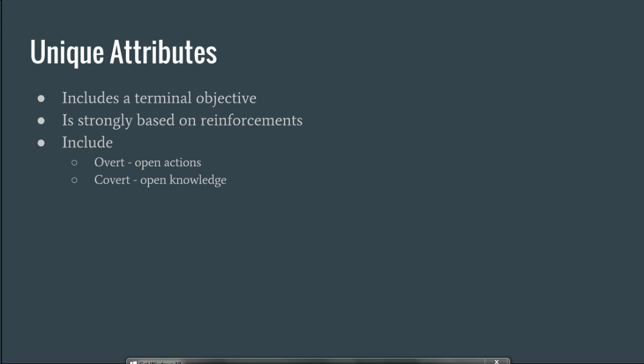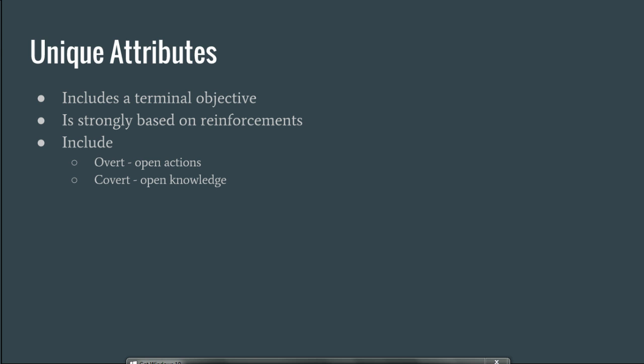So unique attributes: this theory includes a terminal objective. It's strongly based on the reinforcements that we talked about. And then they include the overt and covert, which, as it says, is open actions and knowledge.